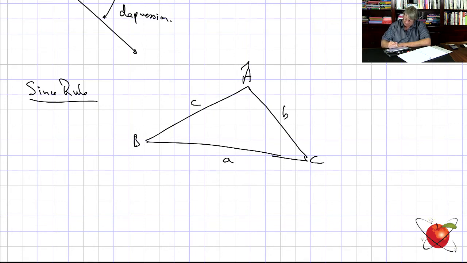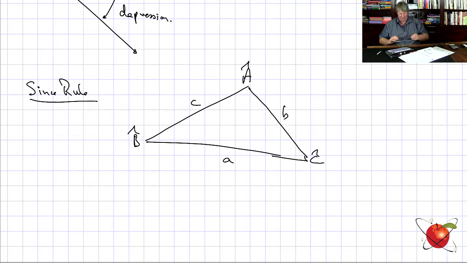This is called angle A, angle B, angle C. That's how we notate it, guys. We always take, if that's A, that's little a. B, little b, C angle, little c on that side.